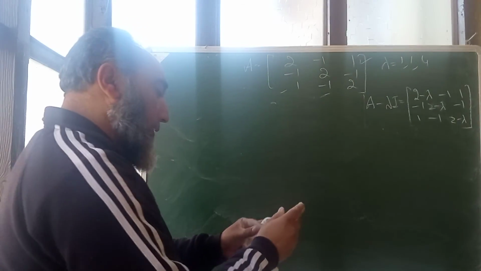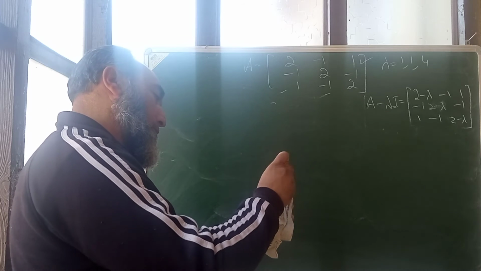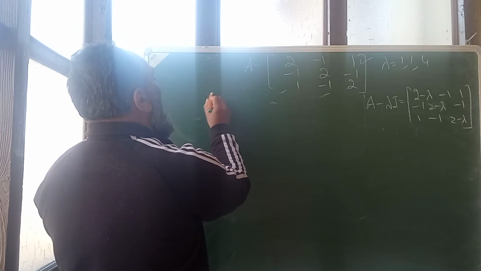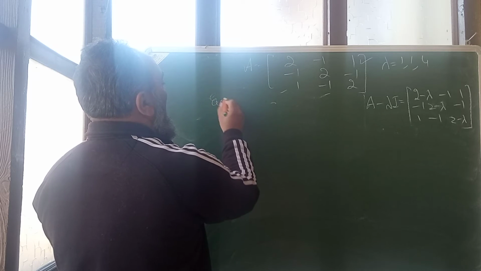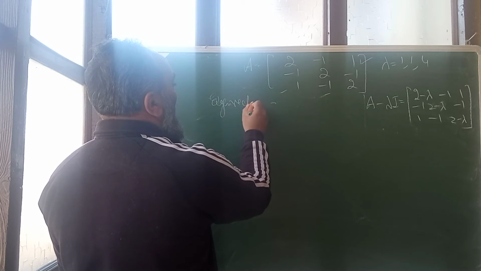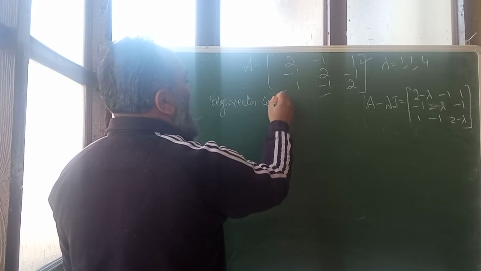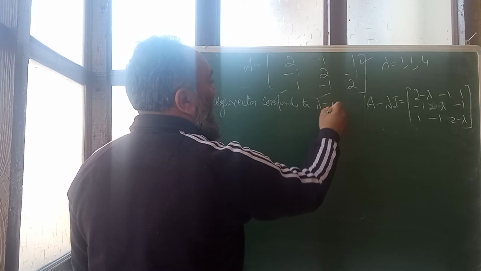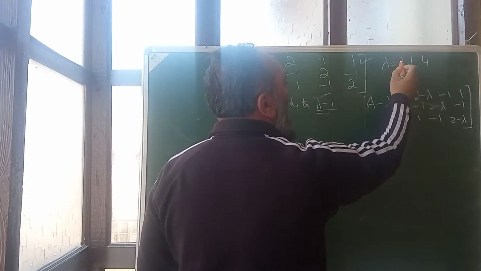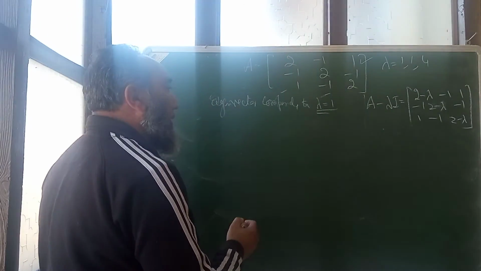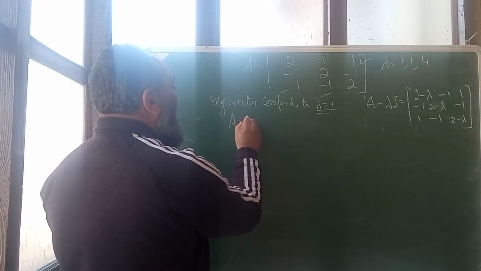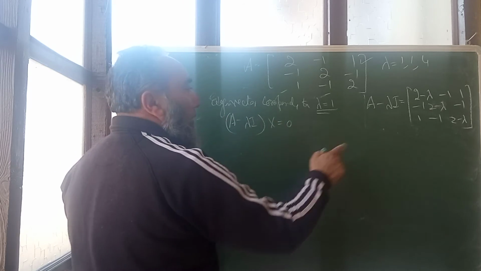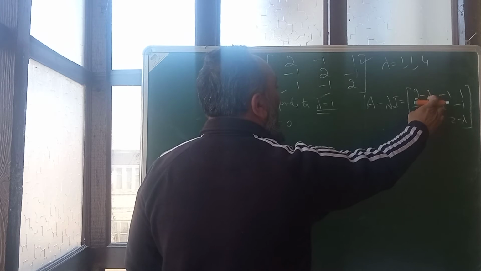Now eigenvector corresponding to lambda equal to 1. I have lambda equal to 1, 1 and 4. So lambda equal to 1 is A minus lambda I into x equal to 0.